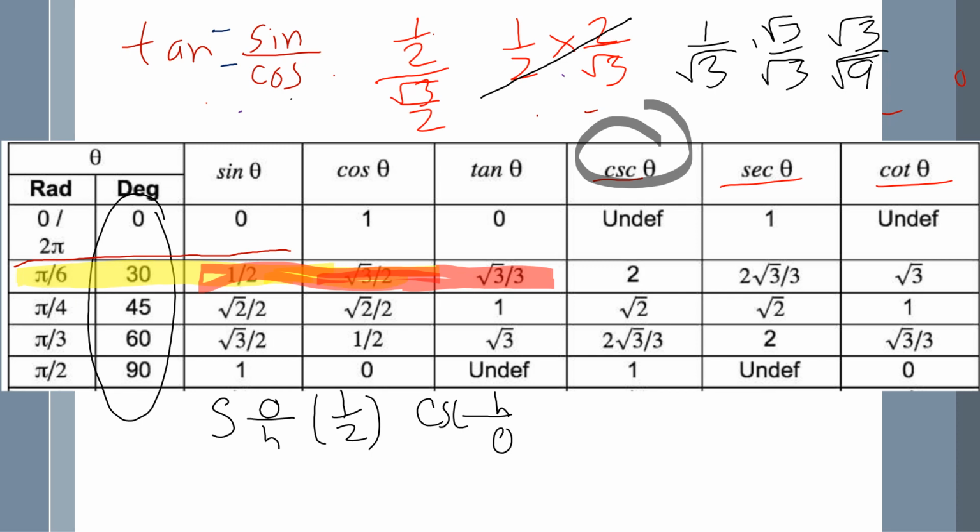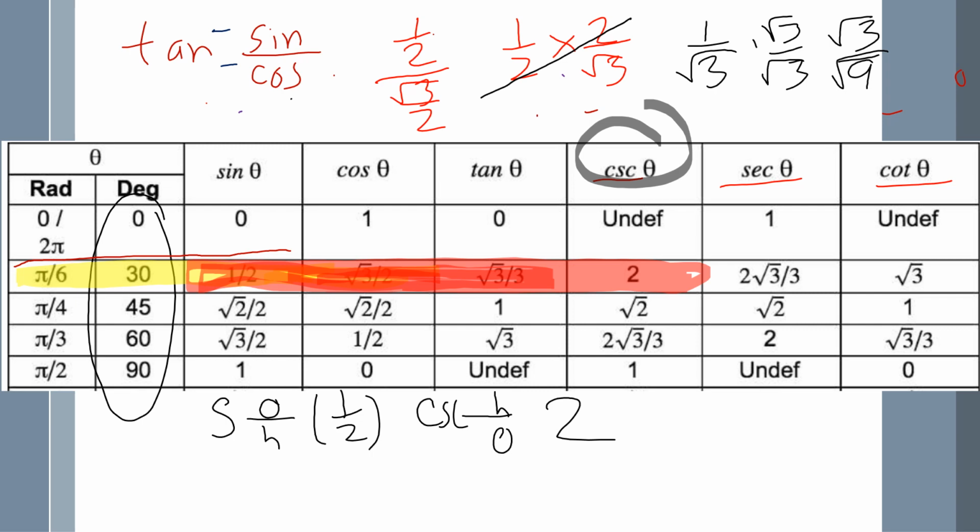See, because we have to flip the trig ratios over, now we got to flip over that 1/2. So when we flip it, it becomes 2. Bam.